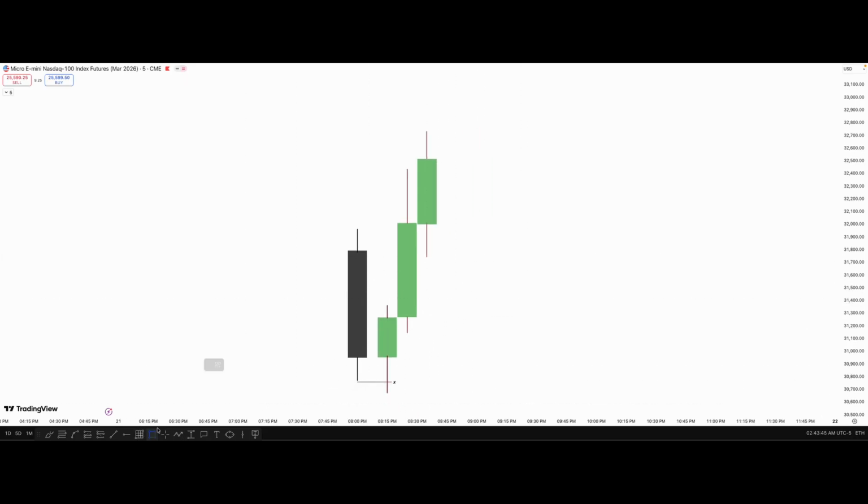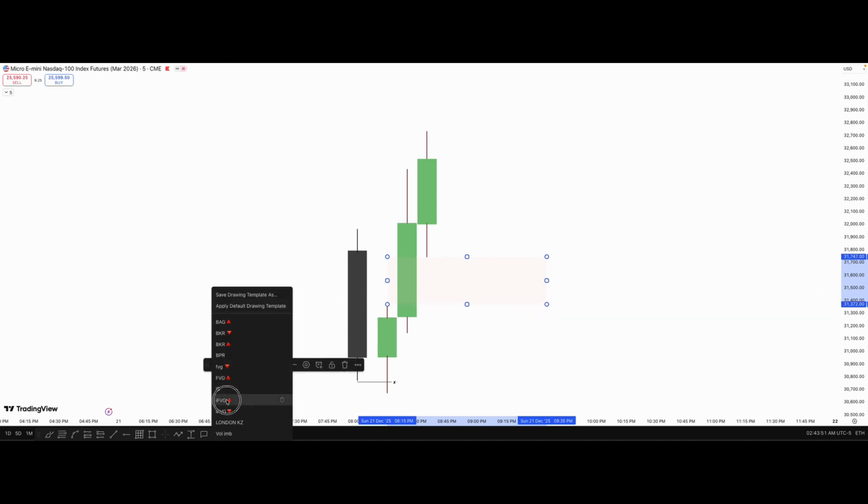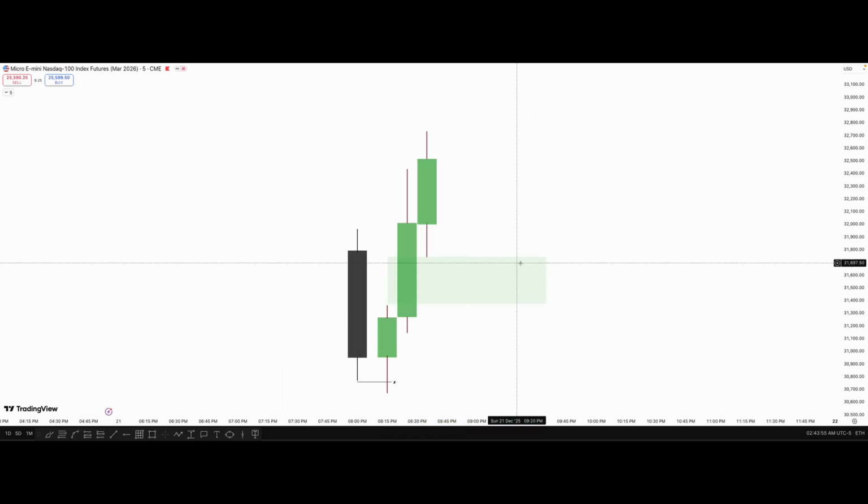So this fair value gap is your internal range liquidity, isn't it? This is your internal range liquidity. So after this range, what does the price do? The price reverses, right? It will cause retracements, isn't it?